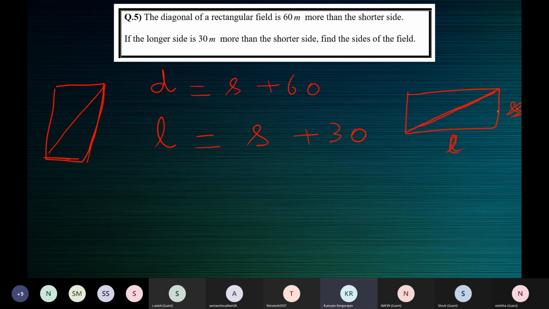It's a rectangle. So you can connect the three sides, the longer side, the shorter side, the diagonal, all using Pythagoras theorem. Because the longer side, the shorter side, and the diagonal form the sides of a right triangle. It's a rectangle. This is 90.